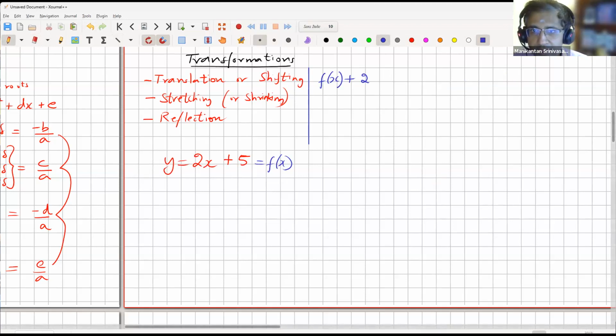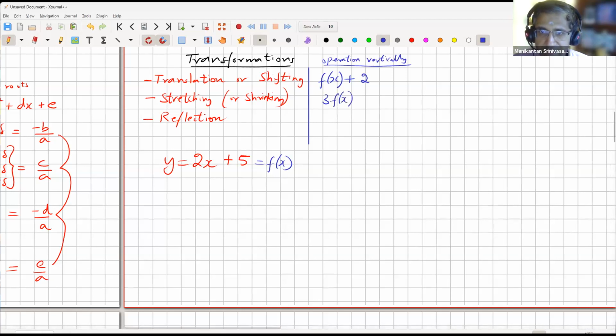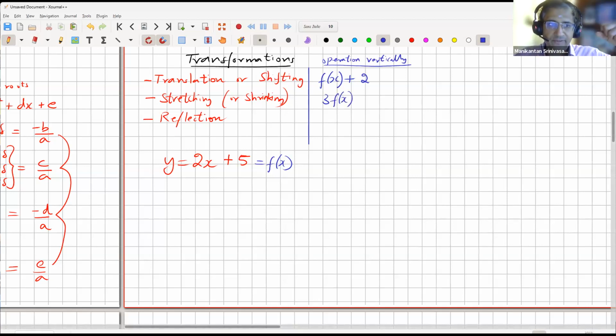So this is an operation on y, an operation vertically. So this is getting shifted up by 2. On the other hand, suppose I do 3 times f of x, it's getting stretched up by a factor of 3.